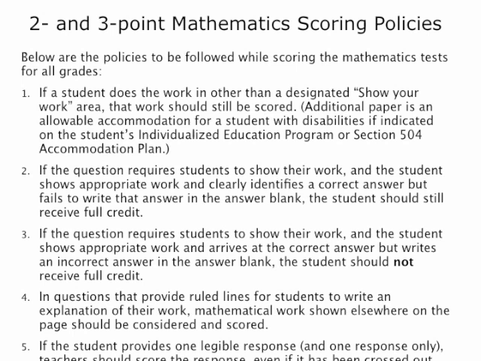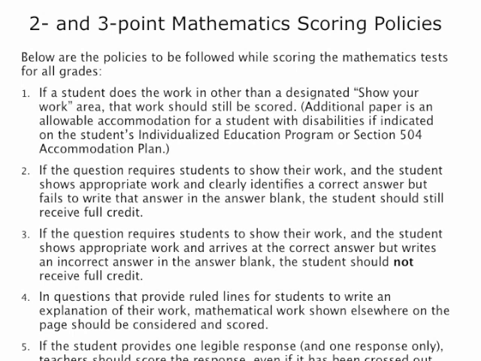Please note in number 1, if a student does the work in other than a designated Show Your Work area, that work should still be scored. Number 2, if the question requires students to show their work and the student shows appropriate work and clearly identifies a correct answer but fails to write that answer in the answer blank, the student should still receive full credit.